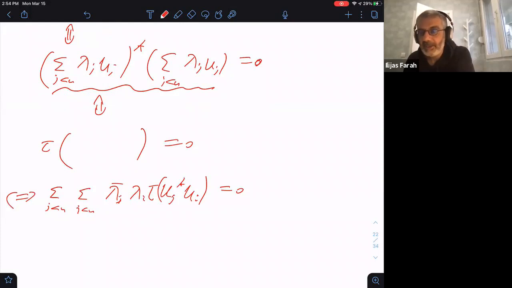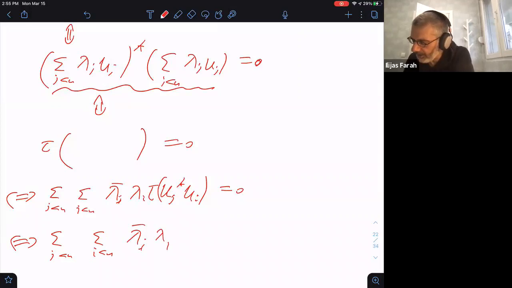All right, but now we have our assumption, right? That tau of this is the same as what we get if we compose lambda with sigma. So it's if and only if the sum over j less than n, sum over i less than n, lambda_j conjugate, lambda_i, sigma of capital lambda of u_j star u_i is equal to 0.